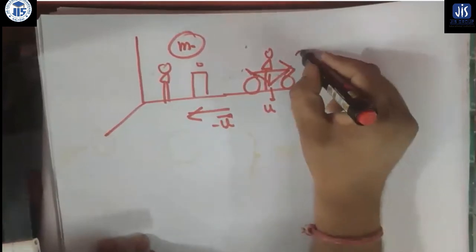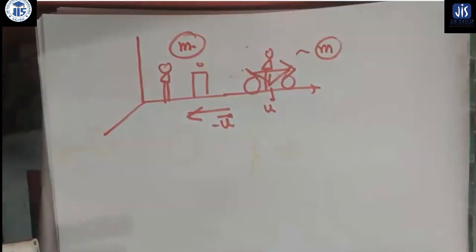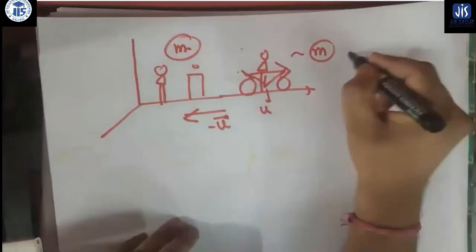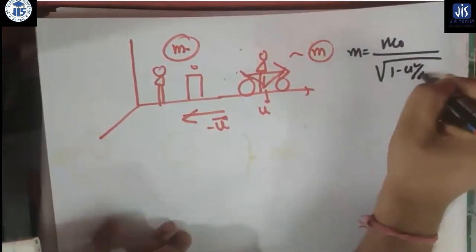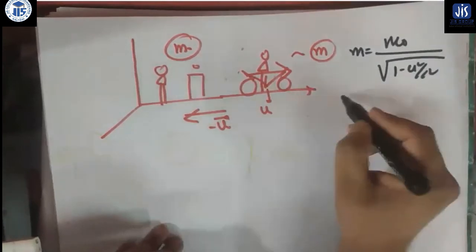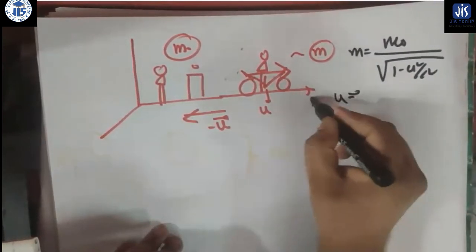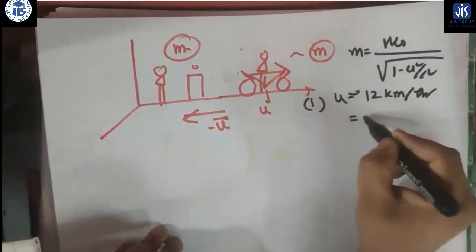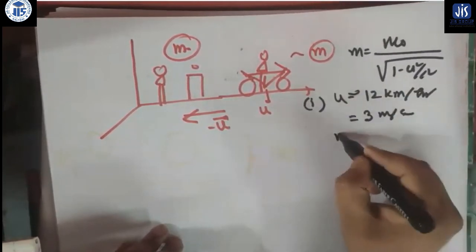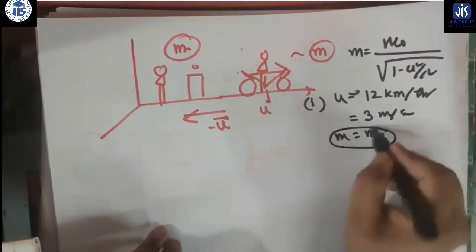He is measuring the mass as m. Now the connection between the two masses, as I told you, is m0 by root over 1 minus u square by c square. Now suppose in the normal speed, when u in case 1 was like 12 kilometer per hour or 3 meter per second, then my calculation shows I have not observed any mass variation.